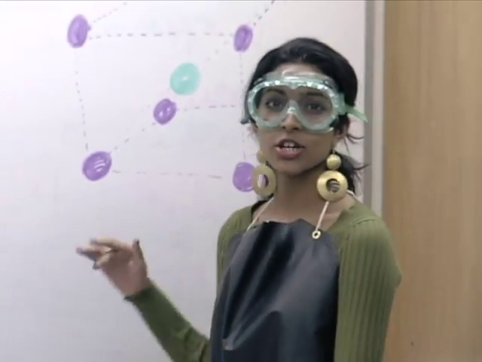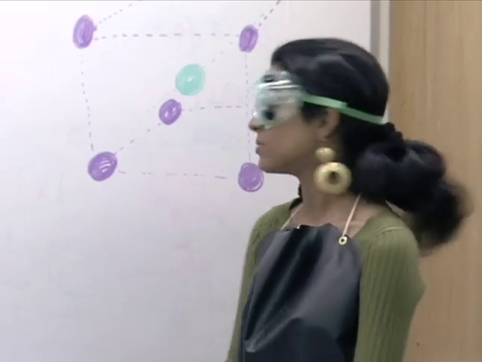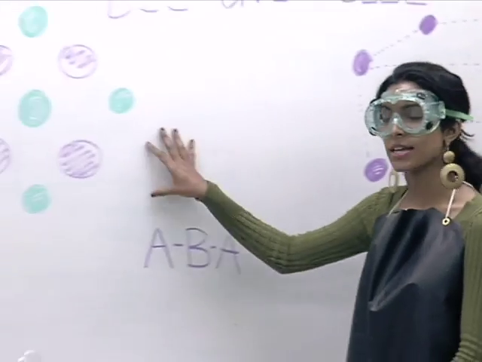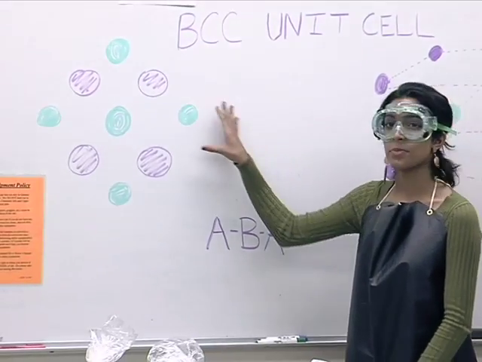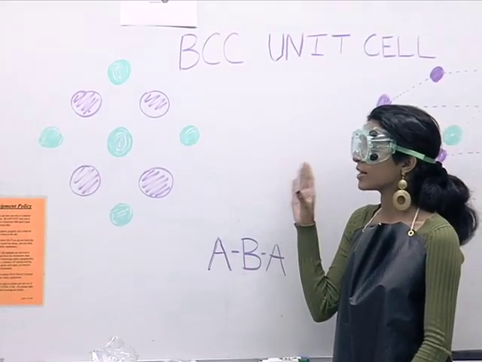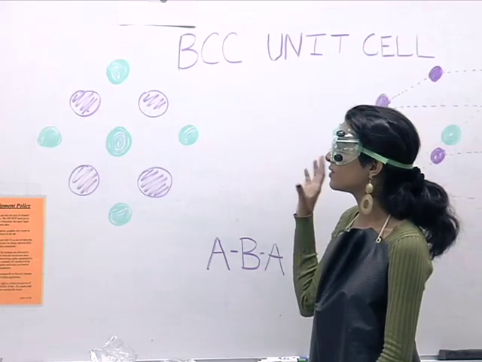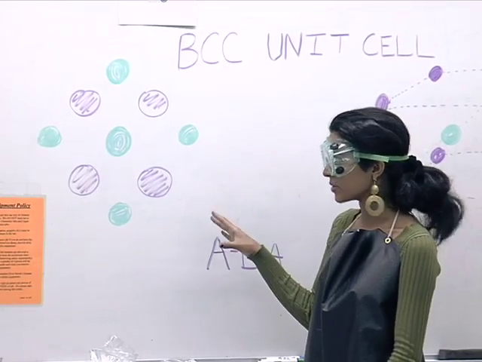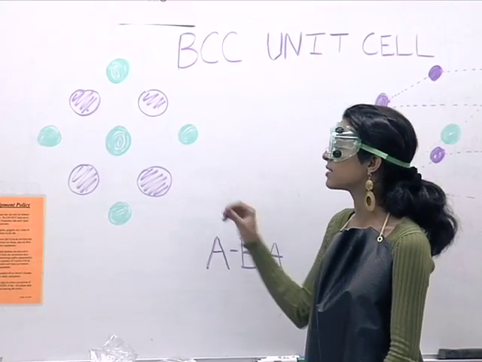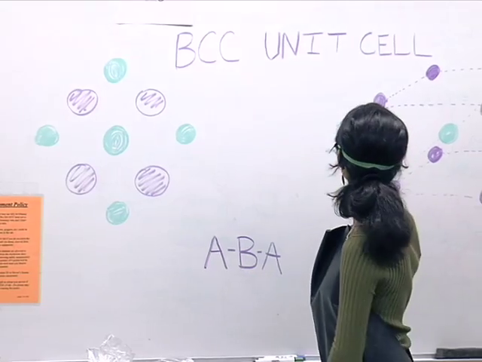The BCC unit cell structure is more efficiently packed than the primitive cubic unit cell structure. The first square array layer is slightly expanded in all directions, and that's represented by the green dots here. The second square array layer is imposed on the first, but the spheres of the second layer nestle in between the spaces of the first layer.